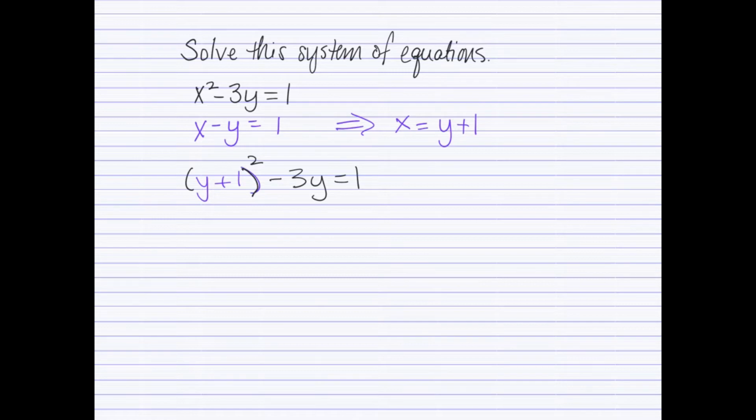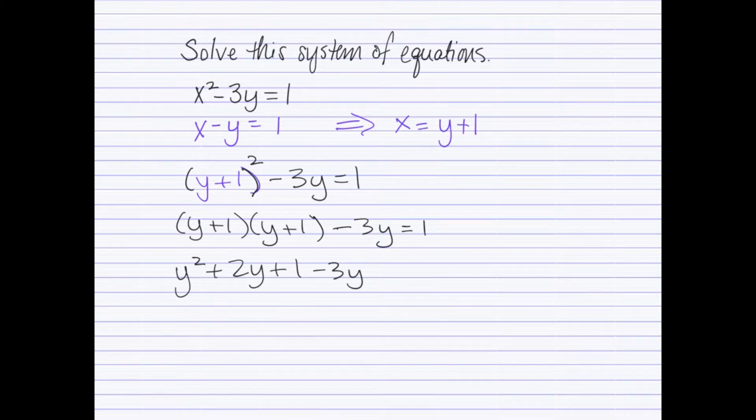So we're going to be expanding out that y plus 1, combining like terms, and eventually figuring out the y value of the point or points where that parabola and that line intersect.